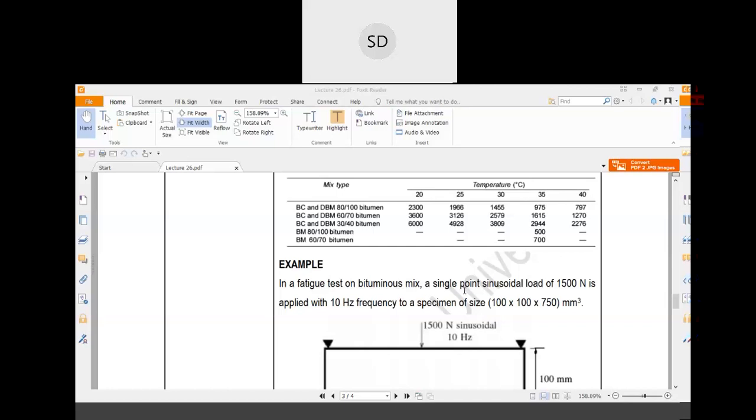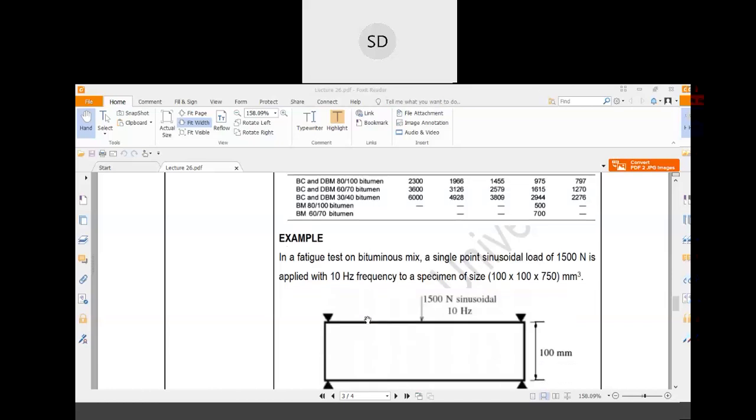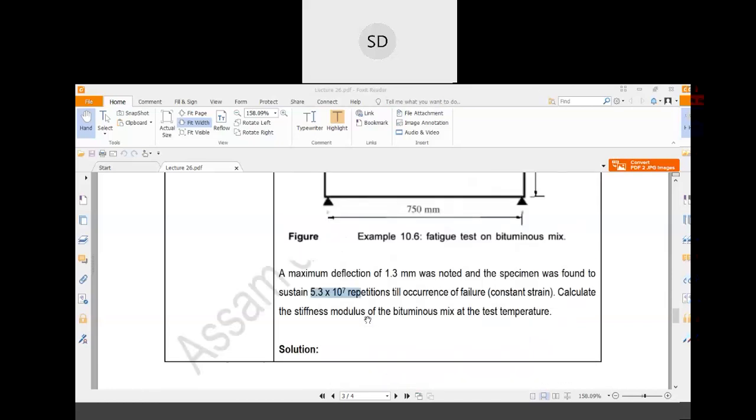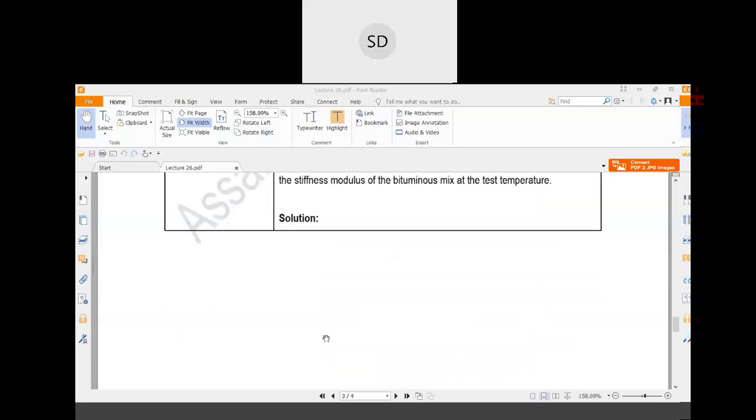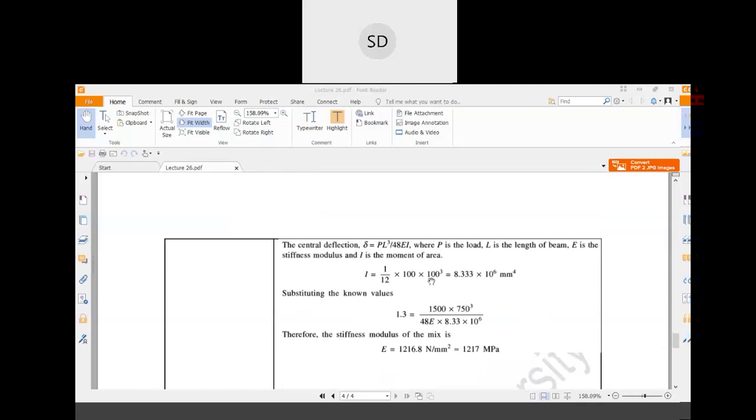Okay, now in this question, your load is given. That load repetition is given. What is the total load repetition? And maximum deflection is given. You have to find out what is the stiffness modulus. So first you have to find out the deflection by the deflection formula, and the deflection formula is PL cube by 48 EI.